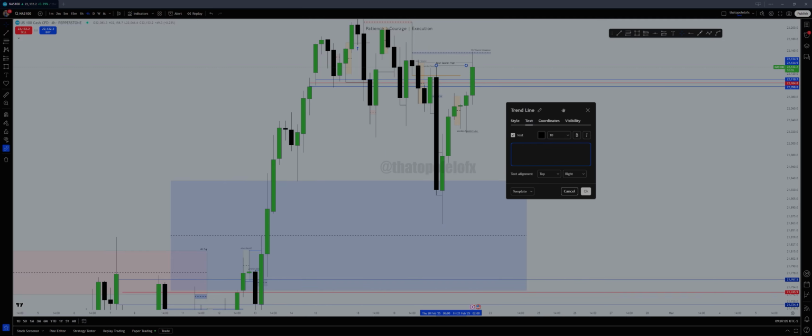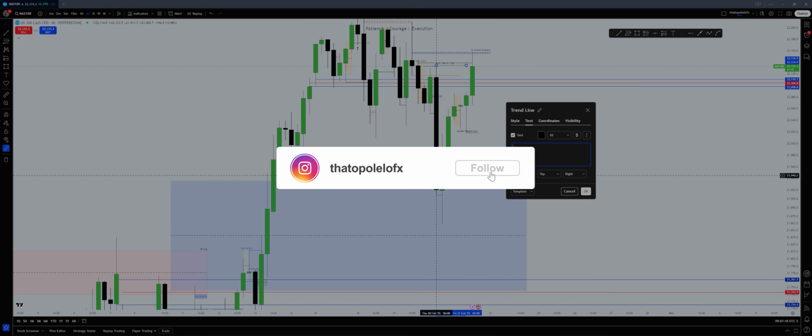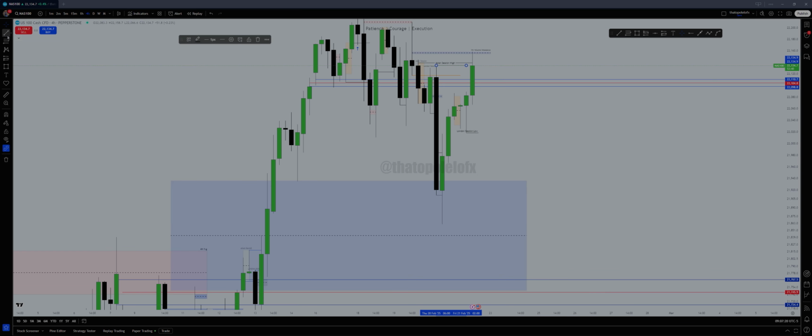No, let me just call it candle range high. So this is the candle range high, because we're using the range of this candle, right? And then I marked the candle range low, which is this one.